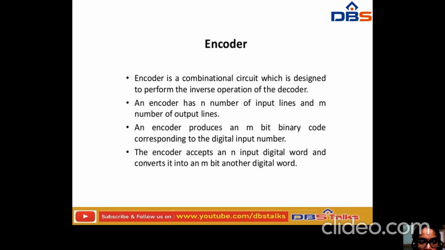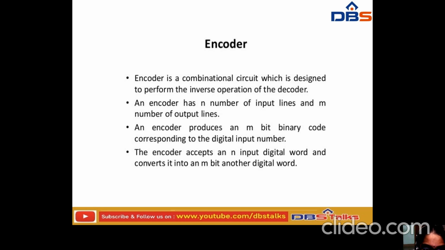An encoder produces an m-bit binary code corresponding to the digital input number. The encoder accepts an input digital word and converts it into an m-bit digital word. So see here, it produces an m-bit binary code corresponding to the digital input number. Corresponding to the digital input number that we have given, it is going to generate the output.